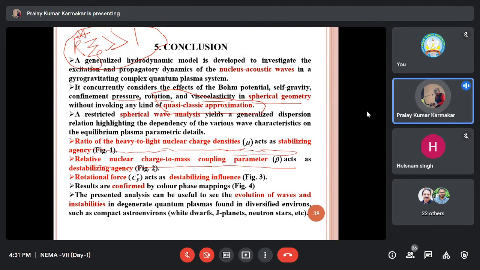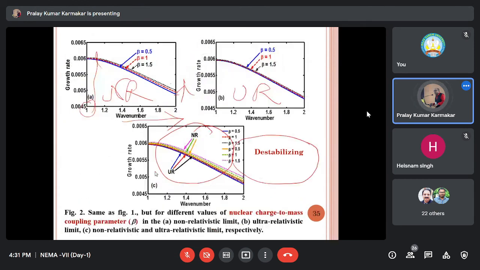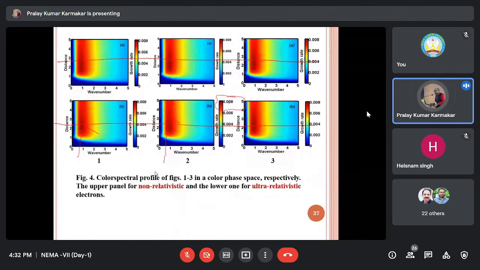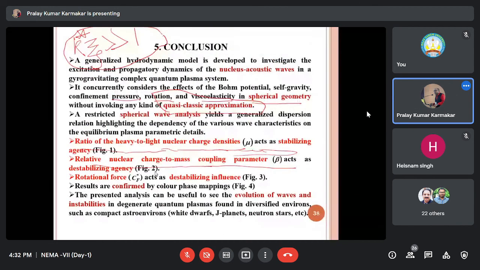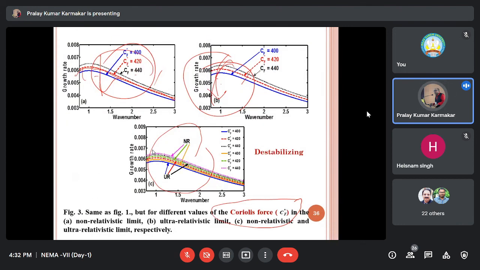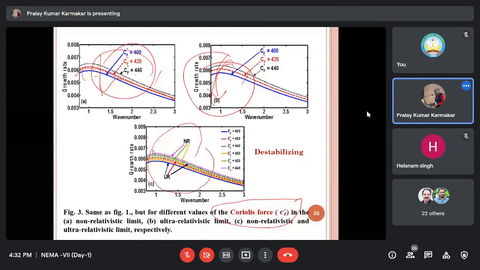So we can further go to figure 2 again. So this is figure 2. Here also we find that destabilizing agency. Then here again, we further find that the rotational force acts as a destabilizing source. Again, going to figure 3, yes, the rotational force acts as a destabilizing agency here.